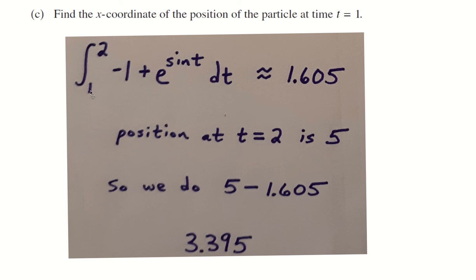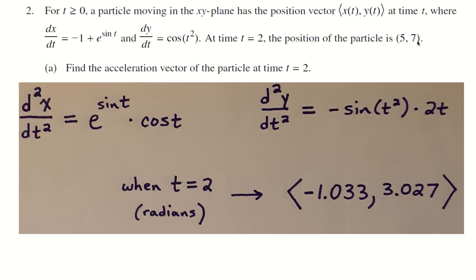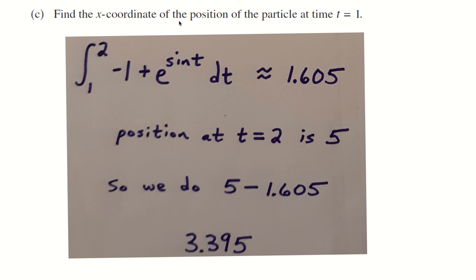We actually know that at time equals 2 we're at 5. So integrating from 1 to 2 of the velocity for x, we figured out that the overall displacement for x was positive 1.605, just using our calculator.